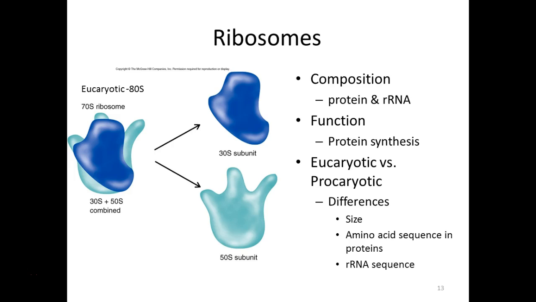Heavier. And so there are two subunits. The large one is 60S and the small one is 40S. Those numbers you don't need to memorize, but again, you have a smaller and larger subunit that come together to form the whole complex that we know as the 80S ribosomes.